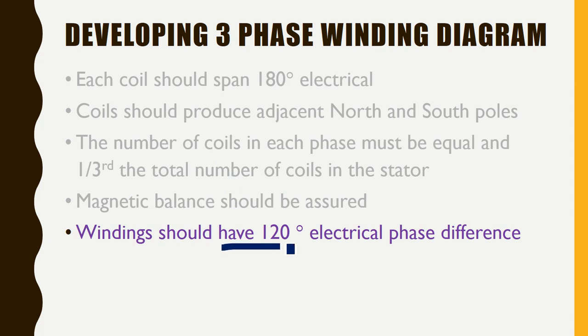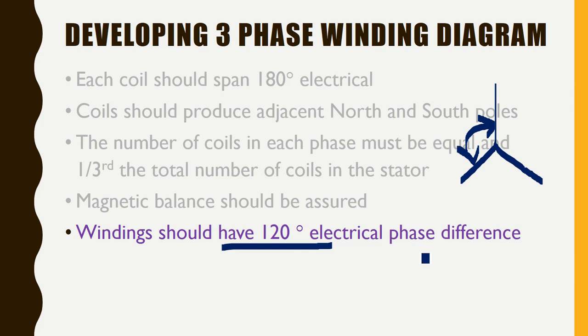And the winding should have a 120-degree electrical phase difference. For a 3-phase machine, we know this principle previously. For a star and delta connection, it is 120-degree electrical. So how will you create a 120-degree phase difference?